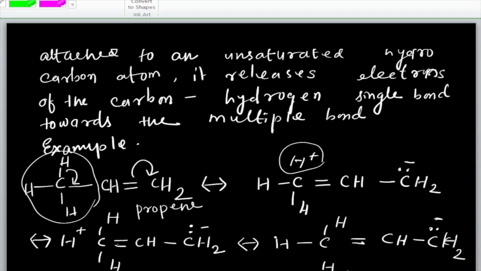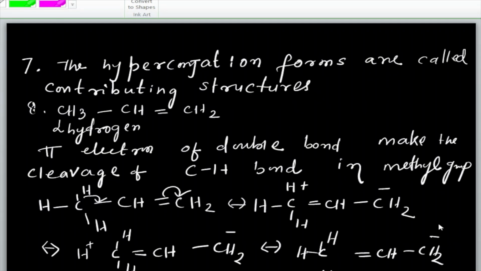One by one, they can release electrons towards the adjacent single bond, and from the double bond it goes to the adjacent carbon having the negative charge and a pair of electrons. So this is called the resonance, the hyperconjugation effect of propene. Now the hyperconjugation forms are called contributing structures.